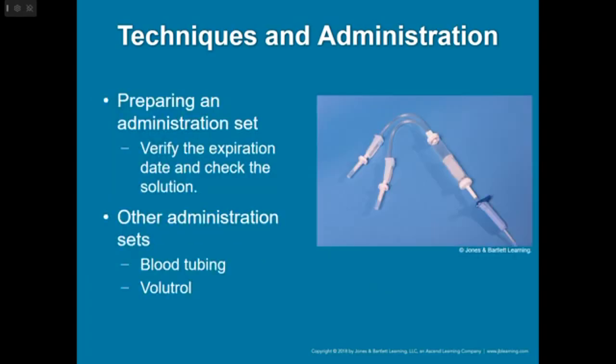This picture here on the right is going to be more designed for a piggyback system or blood, because it's got the two catheters there that you can spike one into a bag of saline, another one into blood, whatever you want. Volutrol there that it mentions is another administration tubing set. It's designed for little kids. It might be called a Buretrol, depending on what brand you buy.